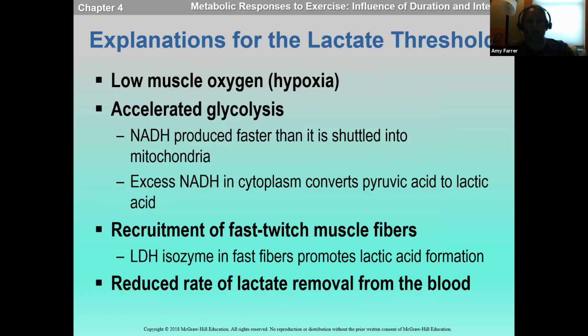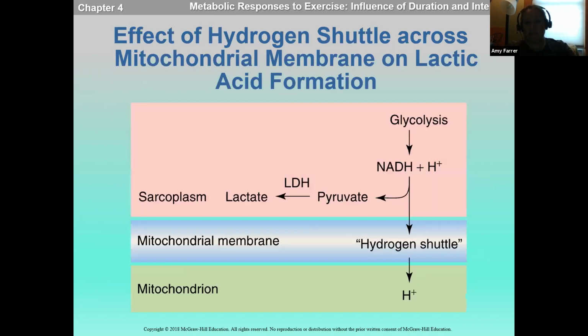We also have recruitment of fast twitch muscle fibers, which will break down skeletal muscle later, but it's going to promote some lactic acid formation because of the enzymes. And we just can't necessarily remove that lactate from the blood as fast and as efficiently.